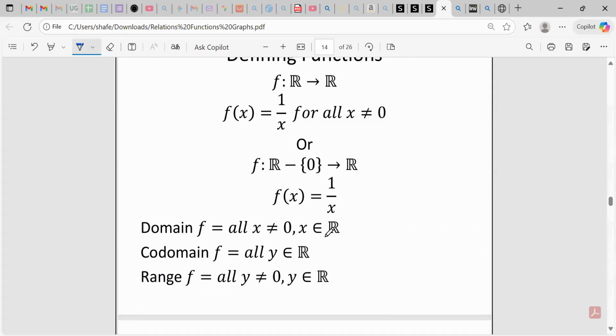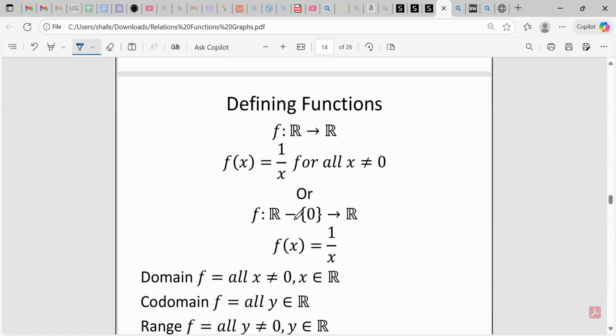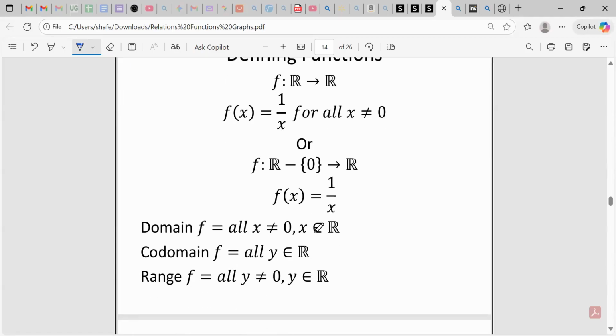This one is a little more technical. They use the function f of x equals 1 over x. In this case, x can't be equal to 0. So we have to find some way of saying it. We can say that f of x equals 1 over x for all x not equal to 0. So x can take any real value in this whole wide world except 0.